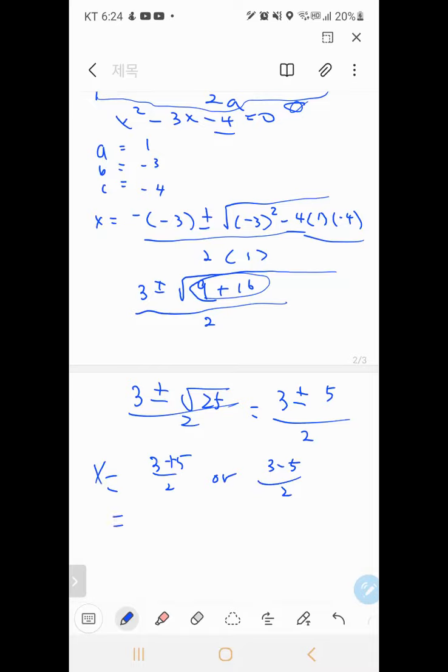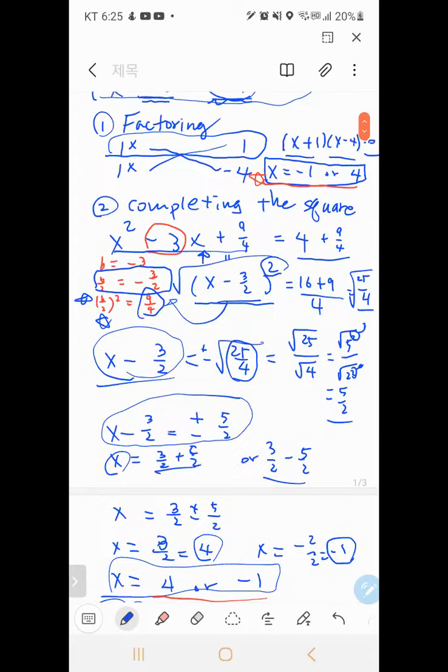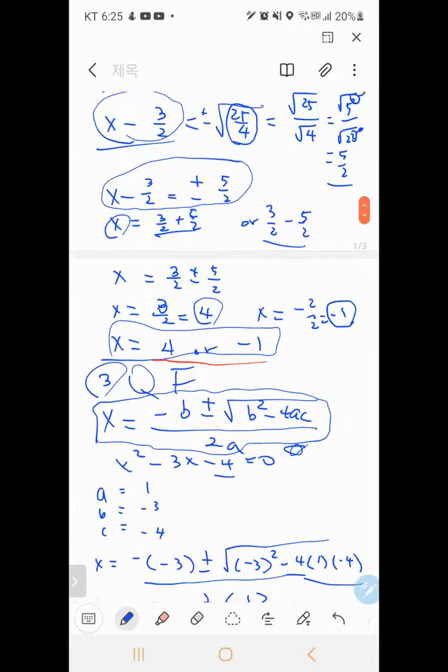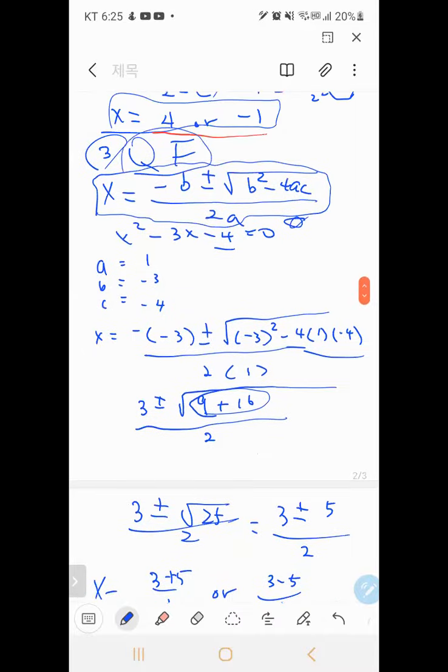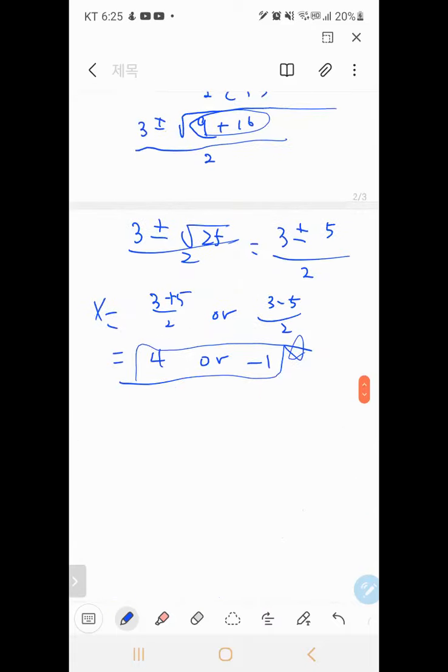So x is 8 over 2, which is 4, or minus 2 over 2, which is minus 1, and that is what we had before. So it works fine this way too. So we did 3 methods: factoring, completing the square, and using the quadratic formula. They all give you the same answer.